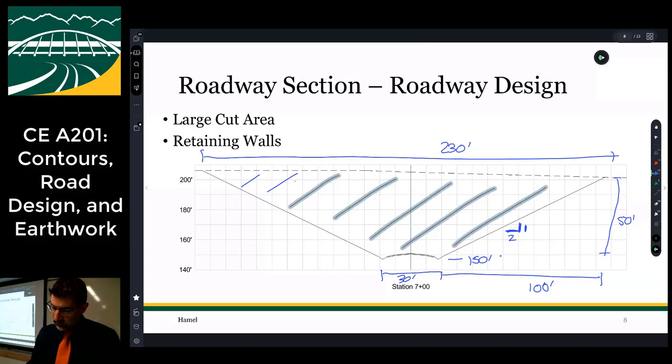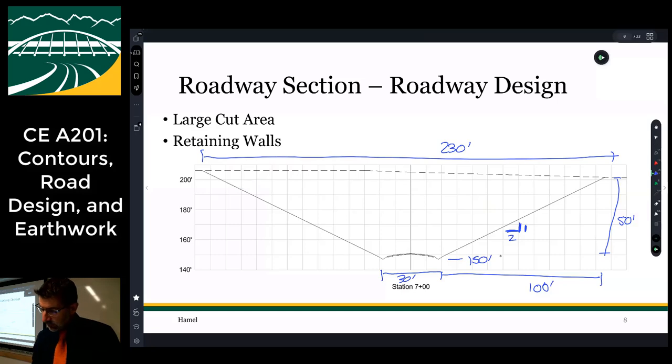One option to reduce that, let's say somebody had a house here, right? One thing you could do is build a retaining wall. So a retaining wall typically would look like this. Sits underground. Kind of looks like that, right?